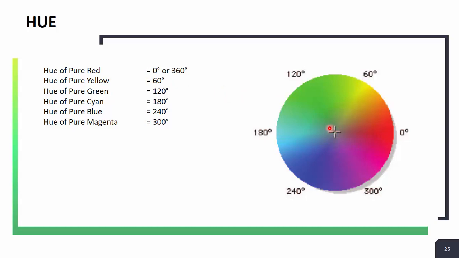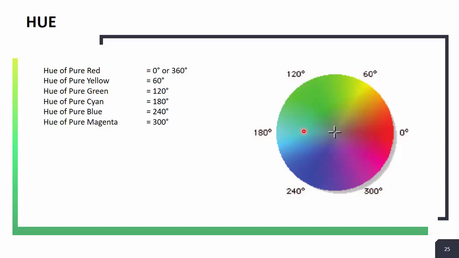The other two primary colors of RGB are green, at 120, and blue, at 240, so that the three primary colors are separated 120 degrees from each other. And in between, for example, between green and red, what is the color we get by mixing green and red? We get yellow. So yellow is somewhere in between, at 60 degrees.